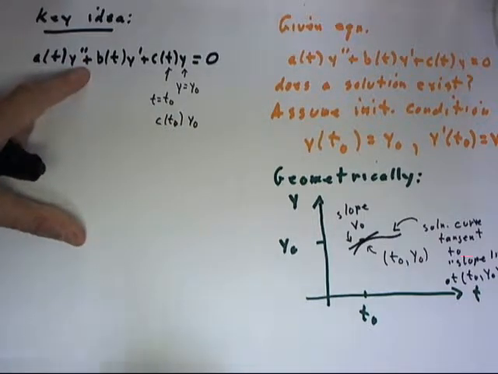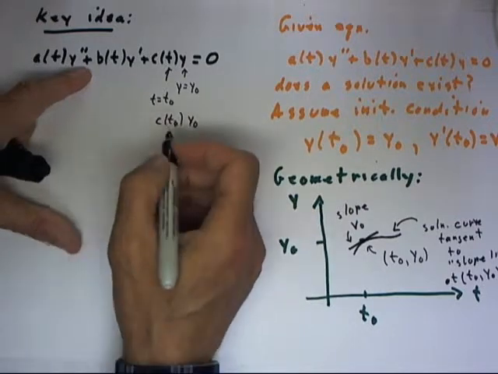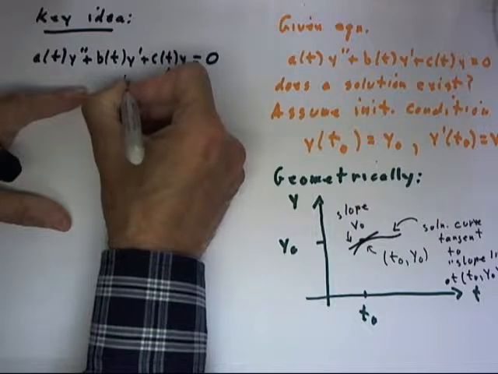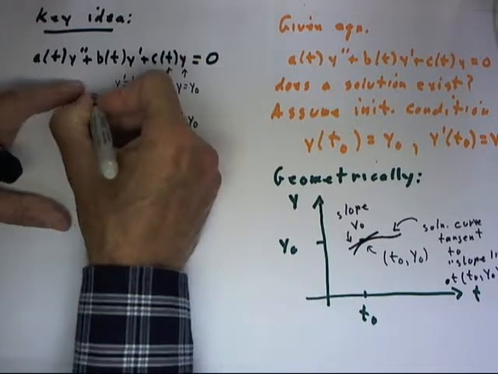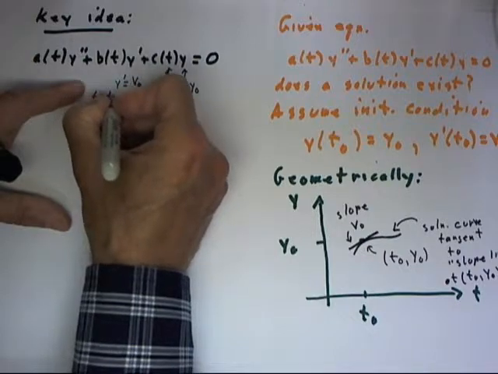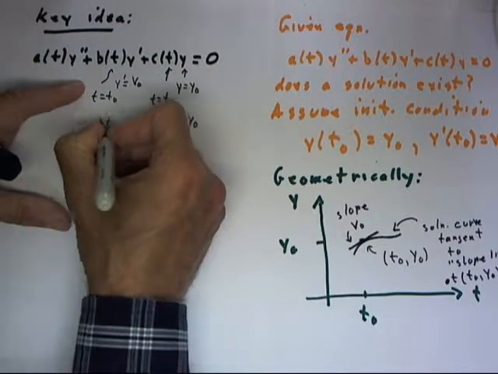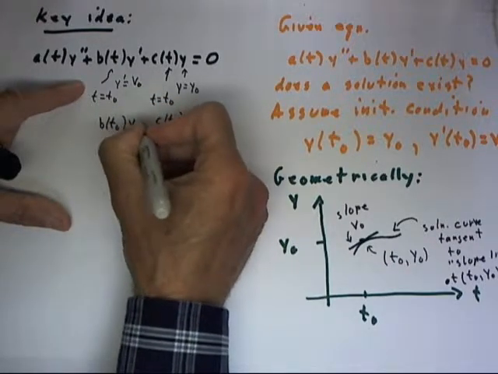Now what do we know about this term? Again, we know that t equals t naught. And what's y prime? Y prime equals v naught. Again, t equals t naught. So this term gives us b of t naught v naught.